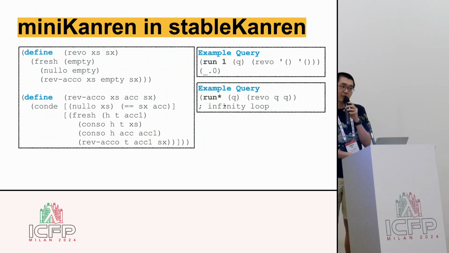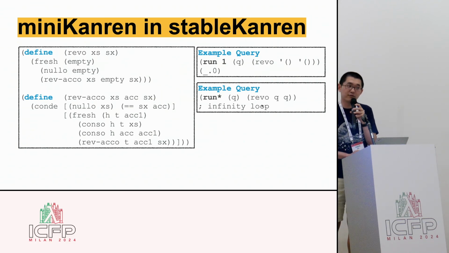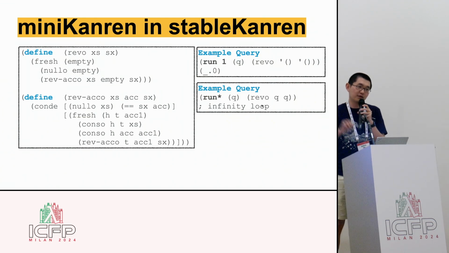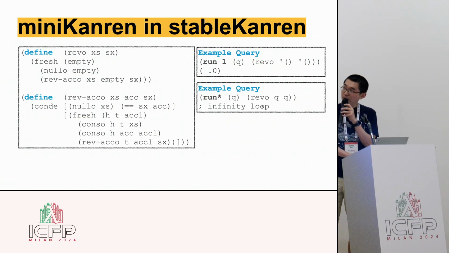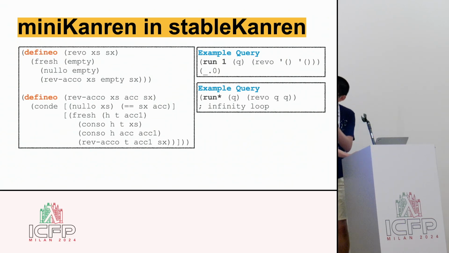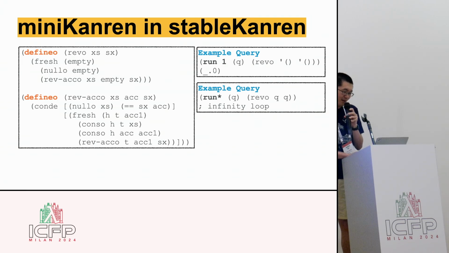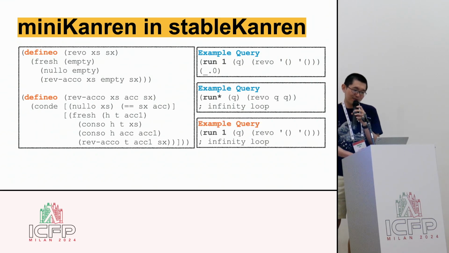If we try to do run star, it falls into an infinite loop, because we can just keep going on and on to generate numerous lists that are reversed to each other, like just replace with 0, 1, 2, 3, it goes on. So if I change this define to defineo, still exactly the same thing, but we just use the stableKanren's defineo, and we try to run this program in stableKanren.